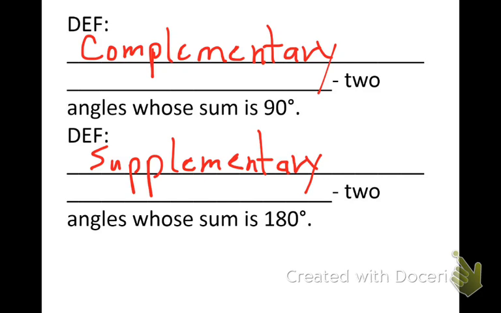A silly little trick I use: I think supplementary, supper table. A supper table is flat, 180 degrees. So supplementary goes with supper table, which is 180. If you know that one, then you know the other one is complementary, which is 90.